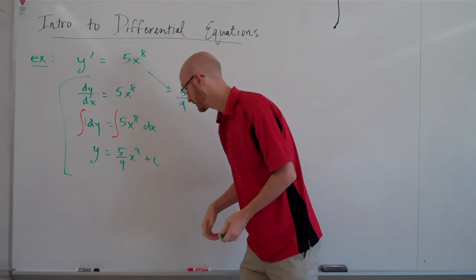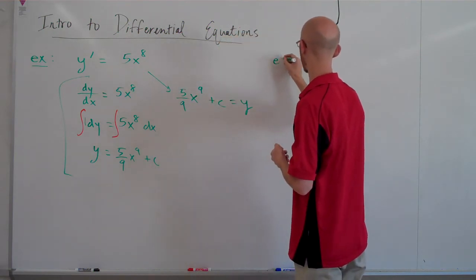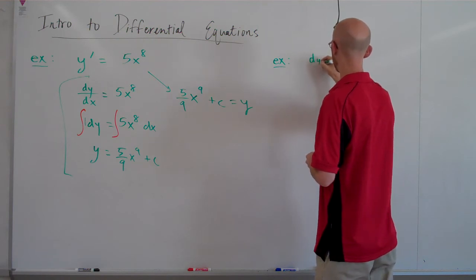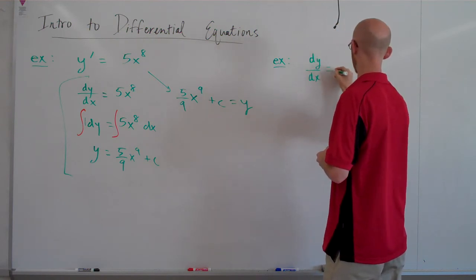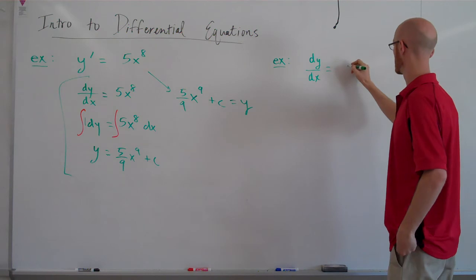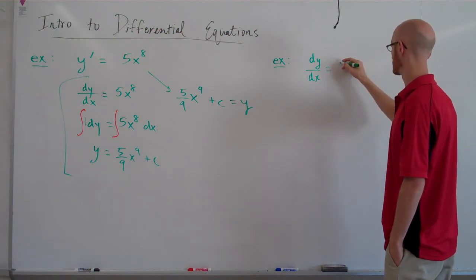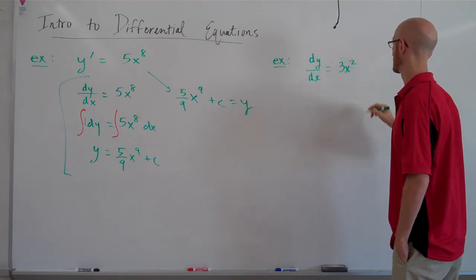Now, let's say you could have something like dy/dx equals 3x squared.